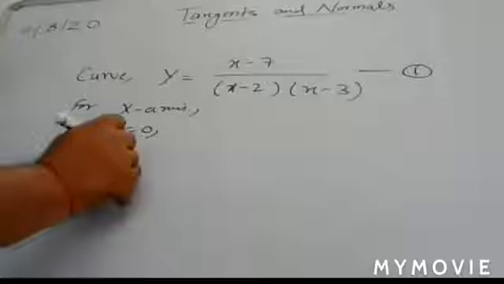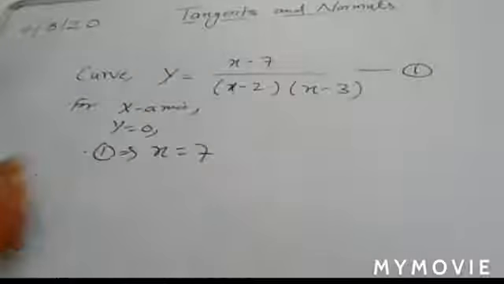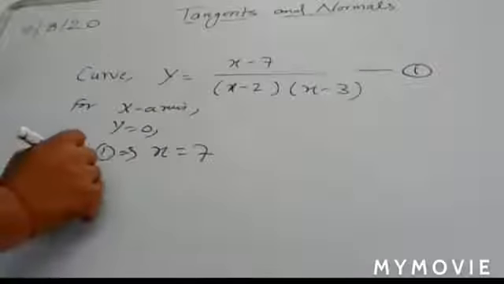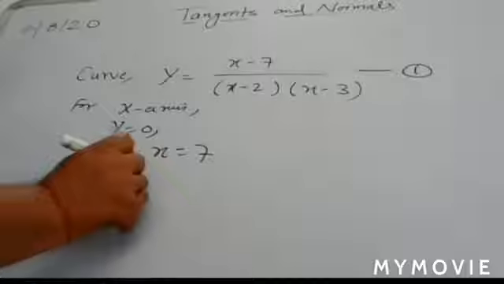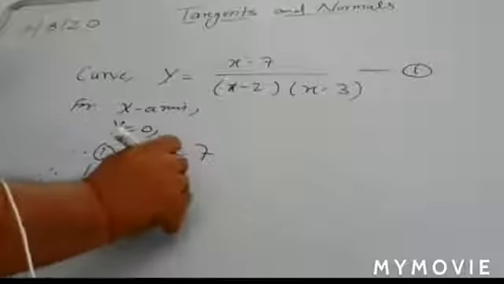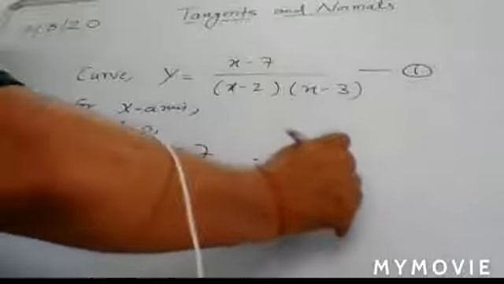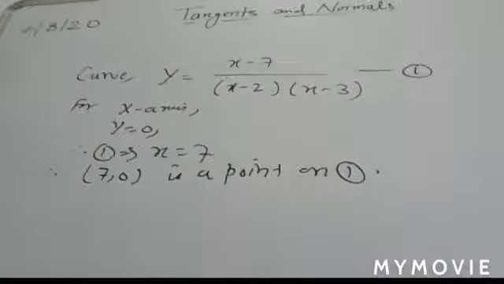Now if you put this in equation 1, you have x is equal to 7. So that is a point on the x-axis, I mean (7, 0). Hence (7, 0) is a point on the curve.